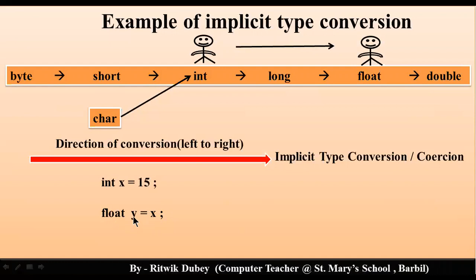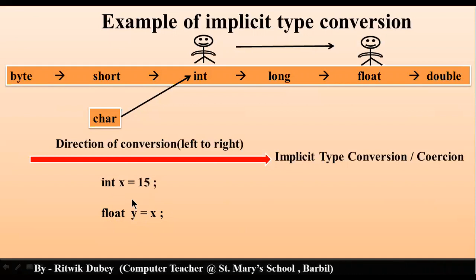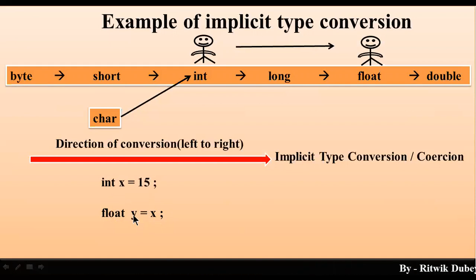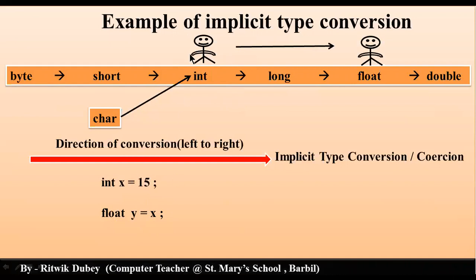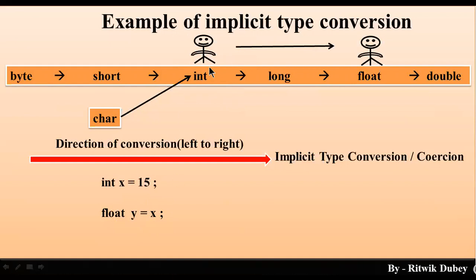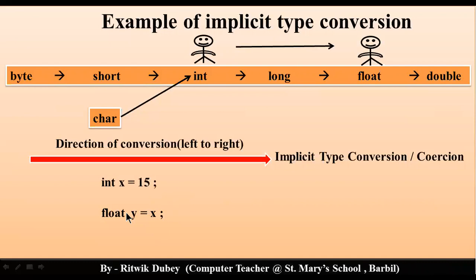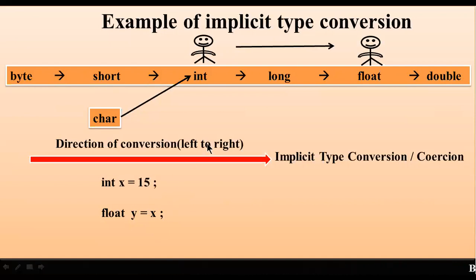X is getting stored in y. So x was of type int, but after getting stored in variable y, it will become float. Yes or no? So you can see, initially this value 15 was of int type. Okay. So stand over int, and then it got converted to float type.